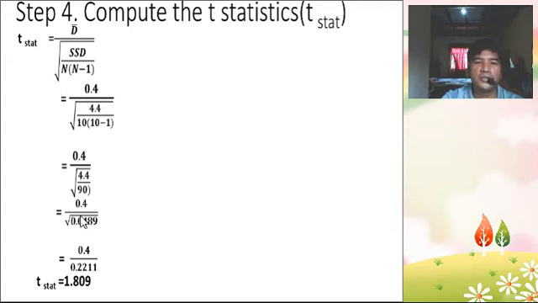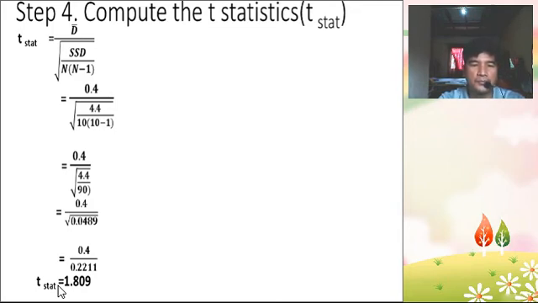Okay, you get the square root of 0.0489 equals 0.2211. Okay, you can now divide 0.4 by 0.2211 equals 1.809. So this is now your T stat. This is the T stat for paired data.